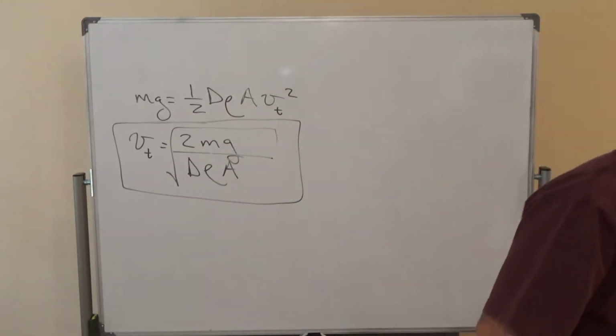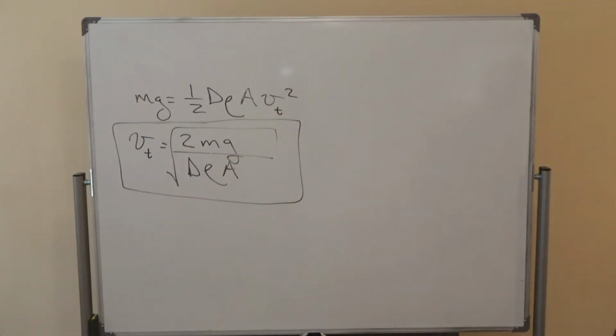So if you look up, I know you all are at your computers, if you go on Wikipedia, or just Google drag coefficient. And the first thing that I got was drag coefficient Wikipedia.